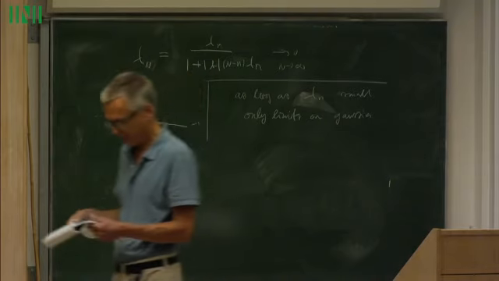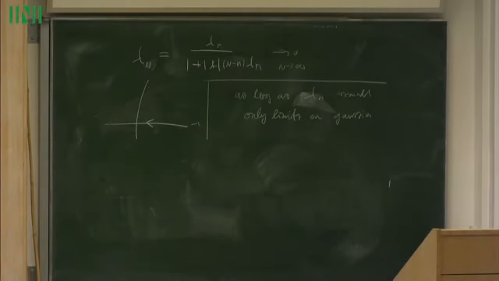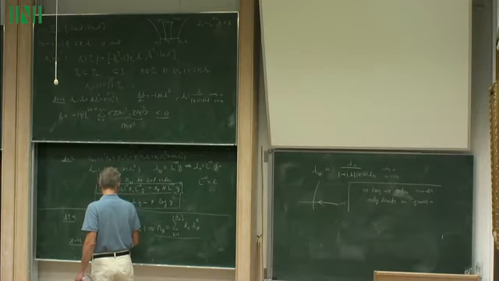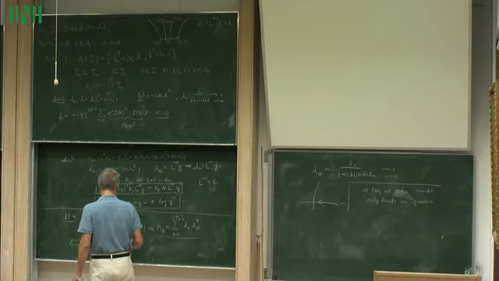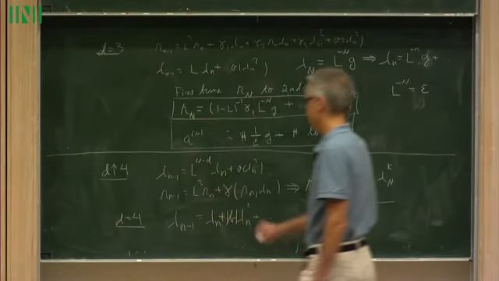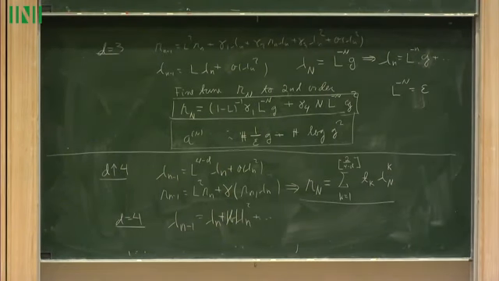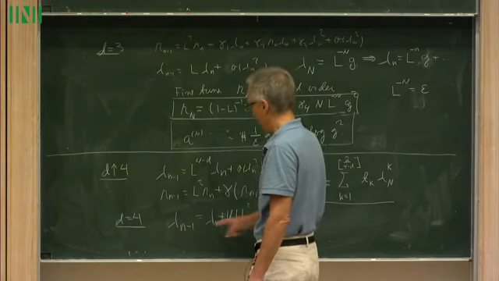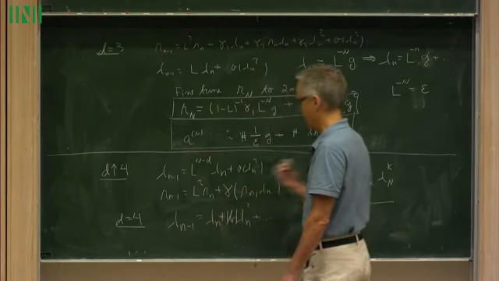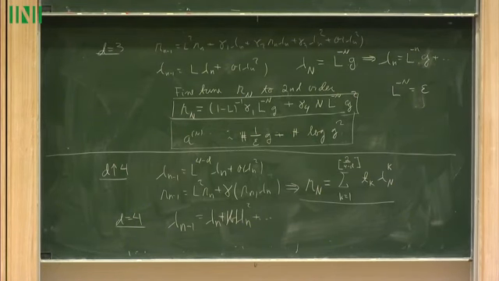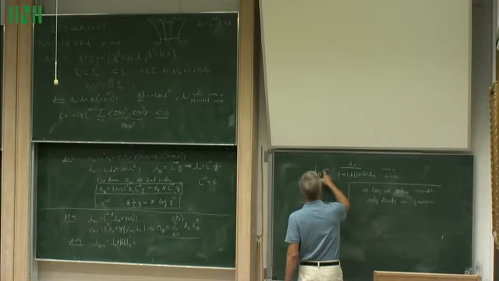Things would have been very different if there had been a different sign here. If this would have been like that, then my lambda would have increased when I do the iteration, so I could have taken the initial condition.